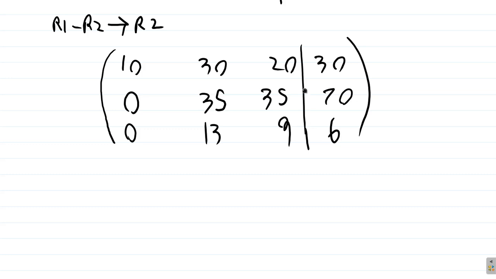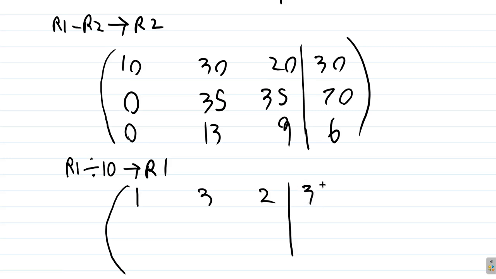So you see, you could divide row 1 by 10 to get your new row 1, right? Row 1 divided by 10 leads to a new row 1. So 10 over 10 is 1, 30 over 10 is 3, 20 over 10 is 2, 30 over 10 is 3. Nice.